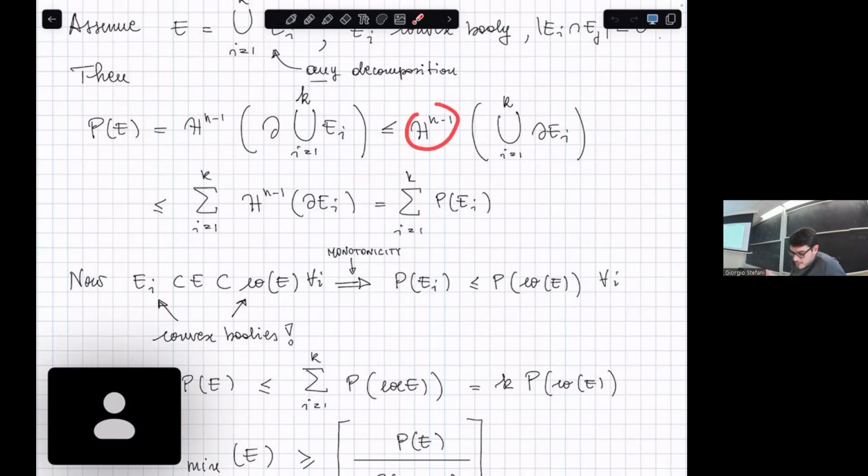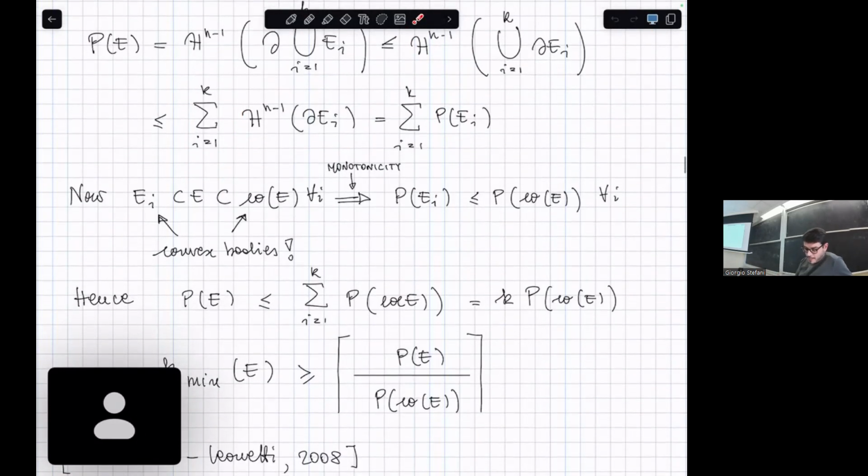Then, by the subadditivity of the outer measure, this is less or equal than the sum of the measures, and this is the perimeter of each E_i. Now, I go back and recall that E_i is contained in E, and E is contained in the convex hull of E. So these two convex bodies are nested.